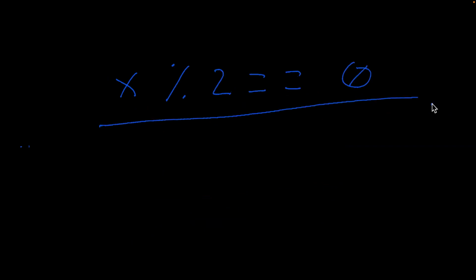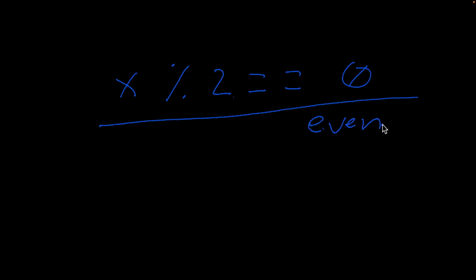If we say x modulo 2 is equal to 0, what do we know about x if this is true? X is even. Even, exactly. Because 2 will divide into any even number evenly.